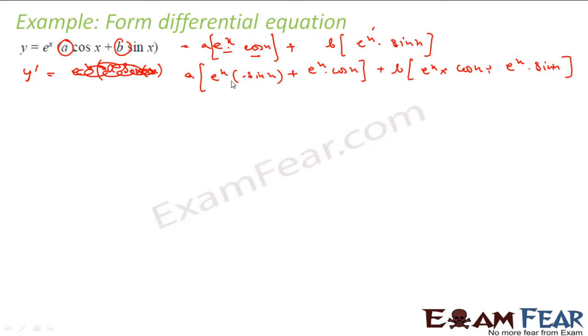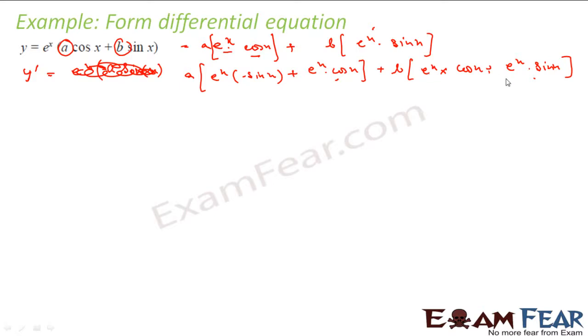That's how it is. So if you arrange this, e to the power x is there in all terms, is a cos x, and then you have b sin x. Here you have minus a sin x and b cos x.